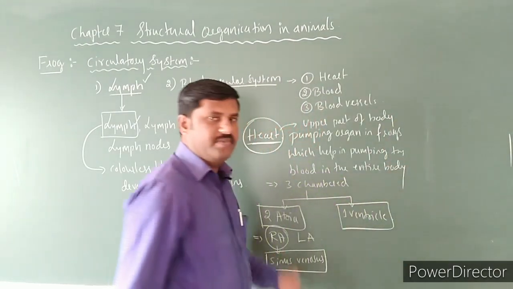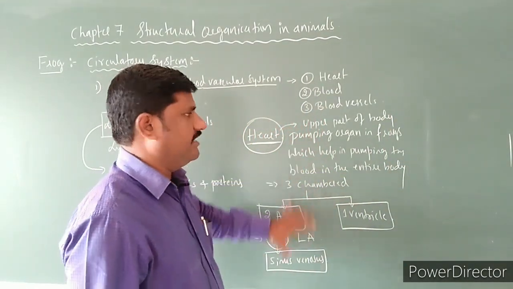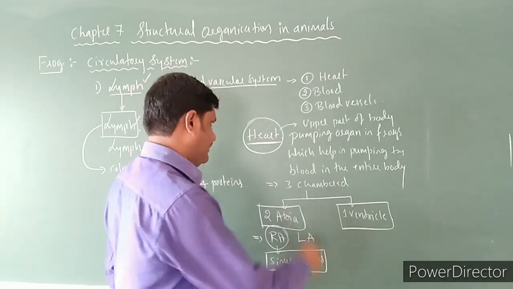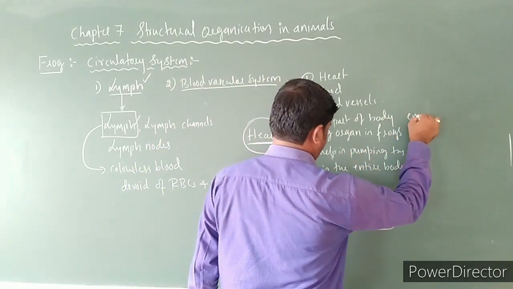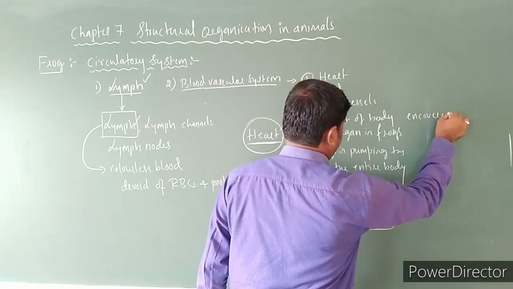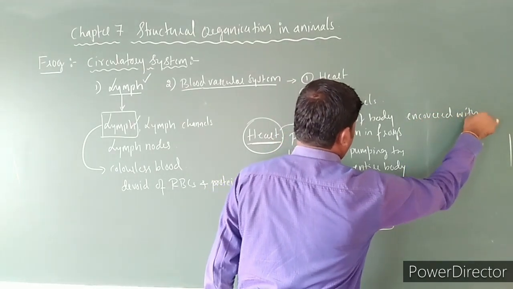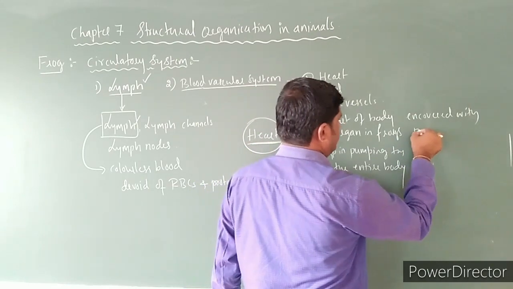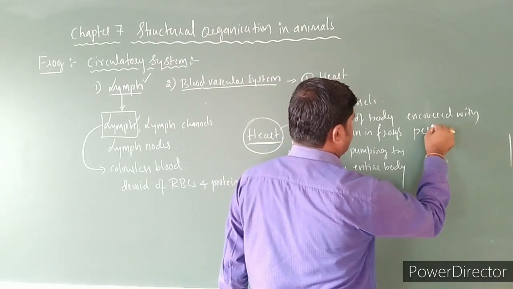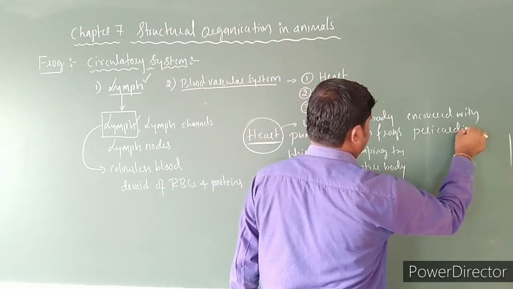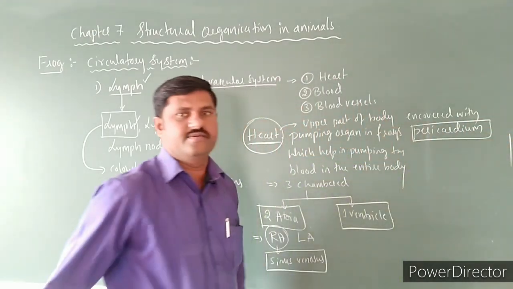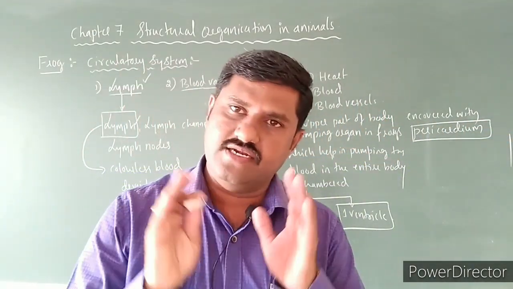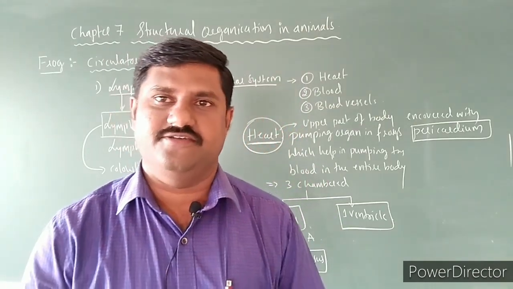So in the upper part of the body, this heart is located, and the entire heart is enclosed with a membrane called the pericardium. The pericardium encloses the heart itself.